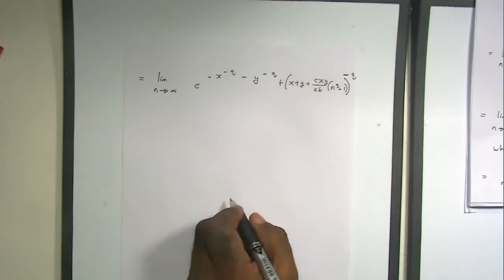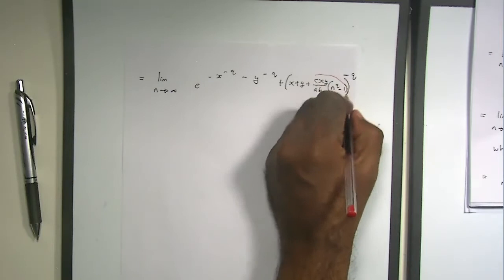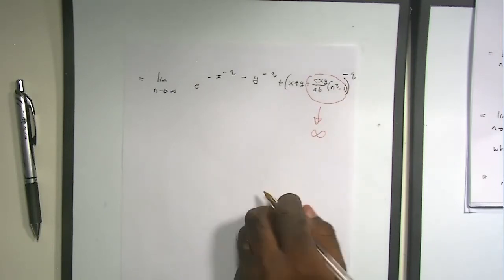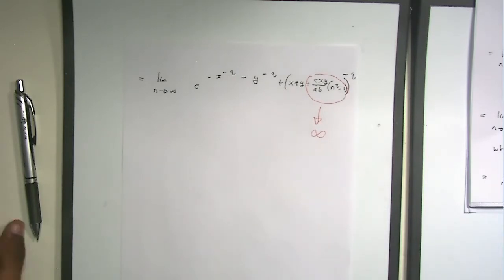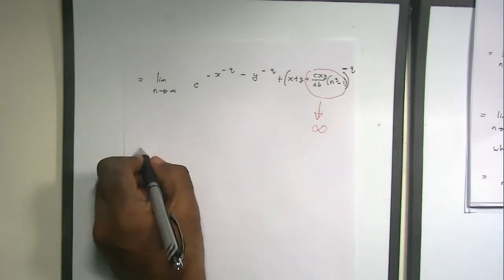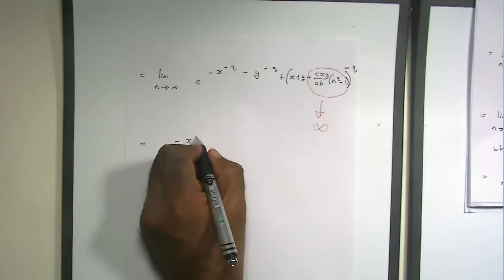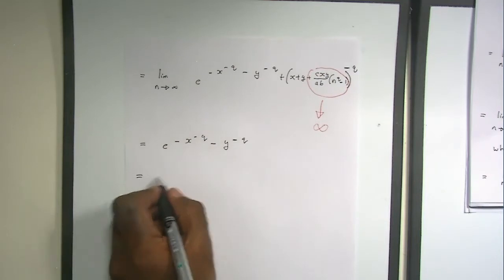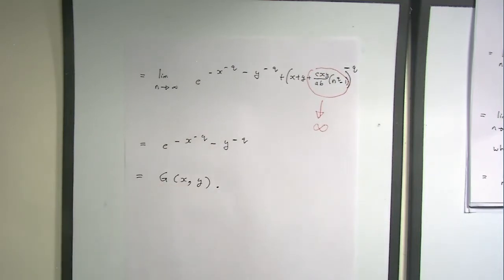Now we know that as n goes to infinity, this whole thing goes to infinity, so infinity to the power of a negative number is 0. So this becomes e of minus x to the power minus q minus y to the power minus q, and this is your g of x comma y.